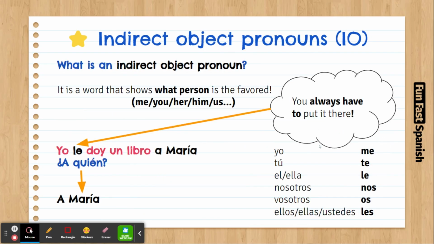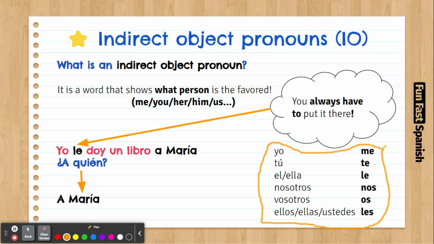Yeah. So let's have a look now at the pronouns first. So these are the pronouns here. These ones here are the indirect pronouns. So for yo is me, for tú is te, for él, ella o usted also is le, for nosotros is nos, vosotros is os, and ellos, ellas, ustedes is les.